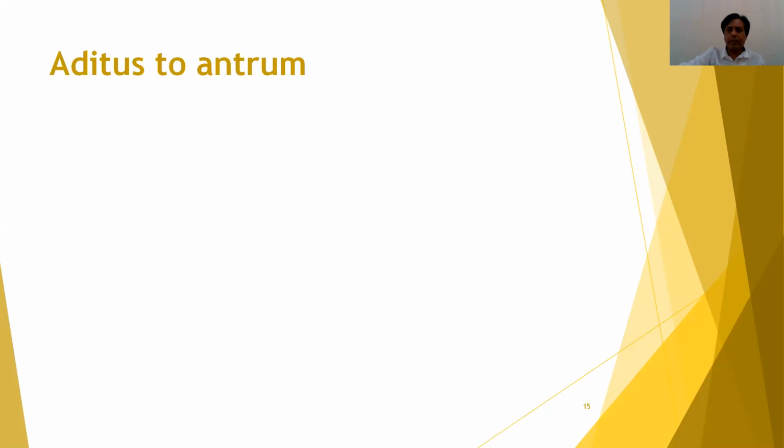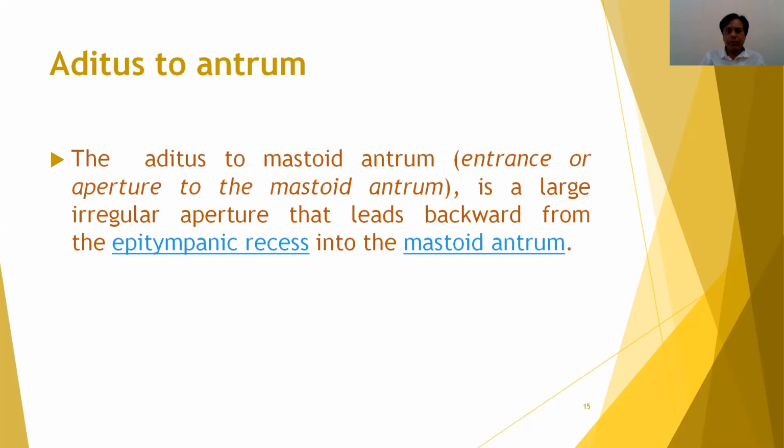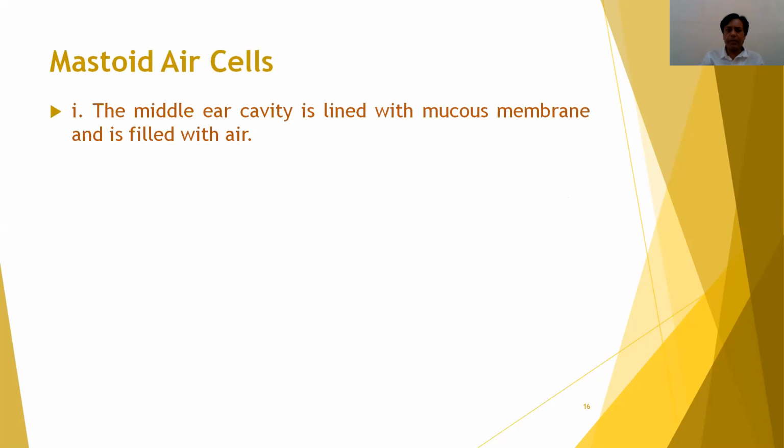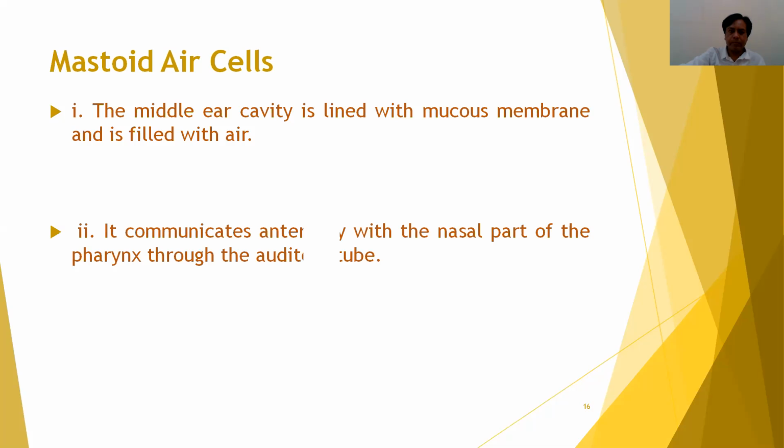Then aditus to antrum, as I have always explained, the aditus to mastoid antrum, that is entrance or aperture to the mastoid antrum, is a large irregular aperture that leads backward from the epitympanic recess into the mastoid antrum. It lies above the pyramid. Then mastoid air cells. The middle ear cavity is lined with mucous membrane and is filled with air. It communicates anteriorly with the nasal part of the pharynx through the auditory tube.